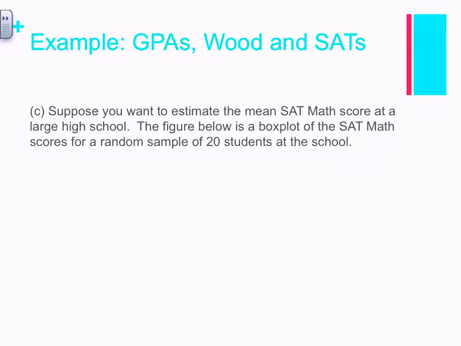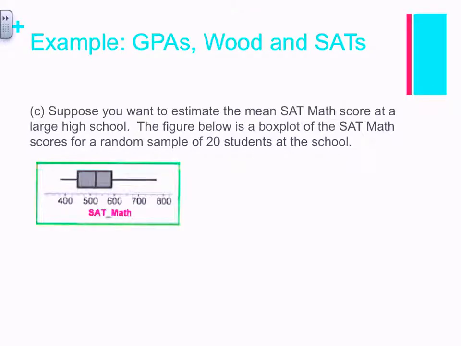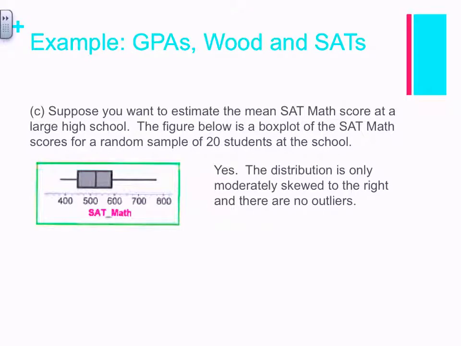Okay, so suppose you want to estimate the mean SAT math score at a large high school. The figure below is a box plot of the SAT math scores for a random sample of 20 students at the school. This distribution is only moderately skewed to the right, and there are no outliers. And so this distribution would be ideal to use for a t distribution.